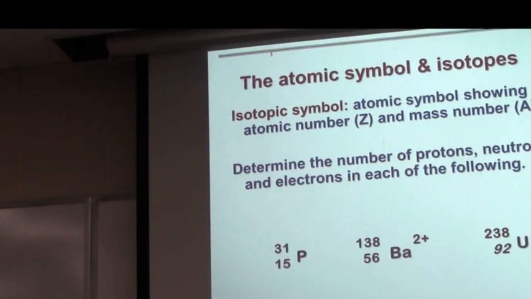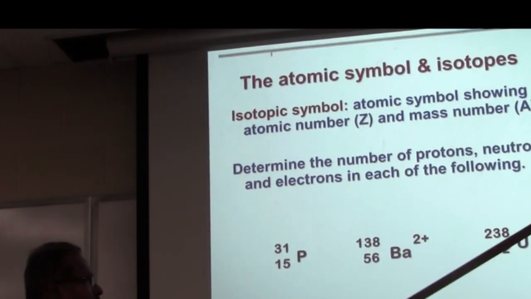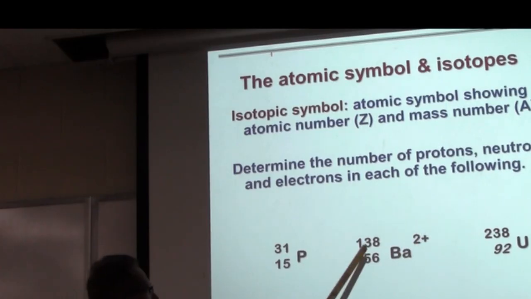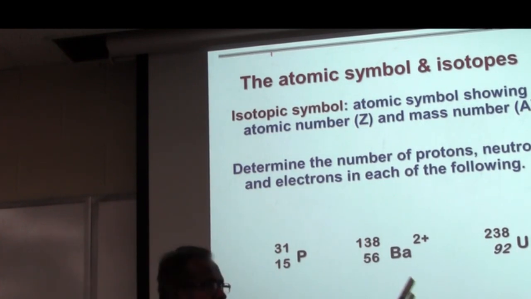Now atomic symbols. You understand, atomic number is written at the bottom left, here 15, phosphorus. If you have the periodic table, you know that is 15, right? The atomic number 15 characterizes the element, what it is. The rest is mass number. Mass number is the sum of the numbers of protons and neutrons, right?